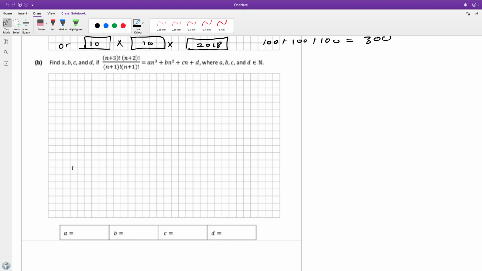You expand the bracket. So how do we expand n plus 3 factorial? It'd be n plus 3 bracket, n plus 2 bracket, n plus 1 bracket, n, and then n plus 2 factorial will be the same thing. So first things first, expand out all the brackets.